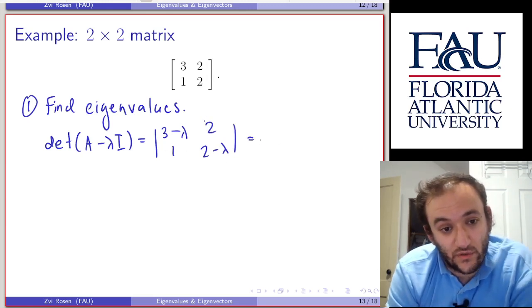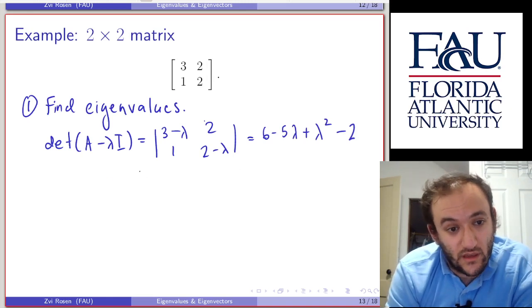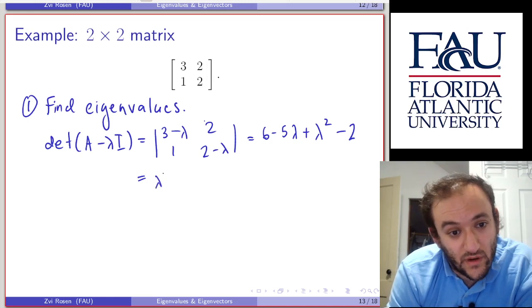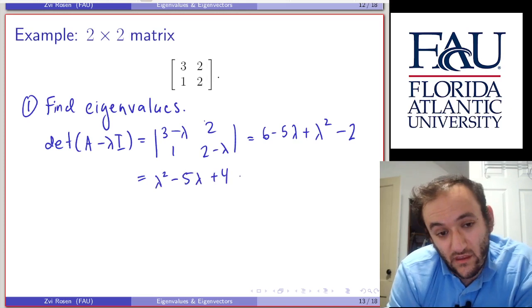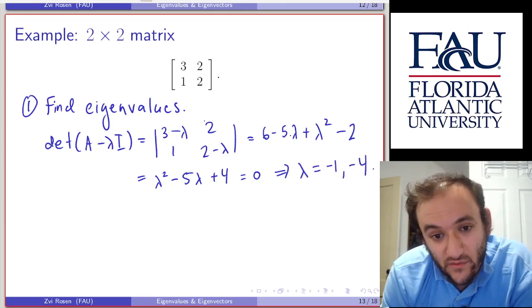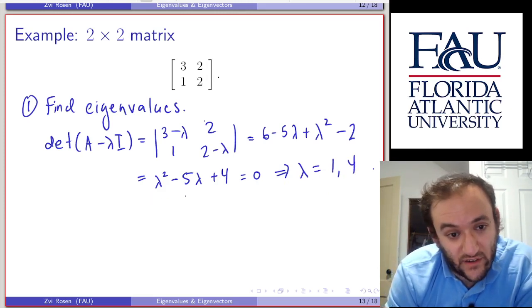This is equal to 6 minus 5 lambda plus lambda squared minus 2, which is equal to lambda squared minus 5 lambda plus 4. We're setting this equal to 0, and that means that lambda must be equal to minus 1 or minus 4. Sorry, positive 1 or positive 4. Because this factorizes as lambda minus 4, lambda minus 1.